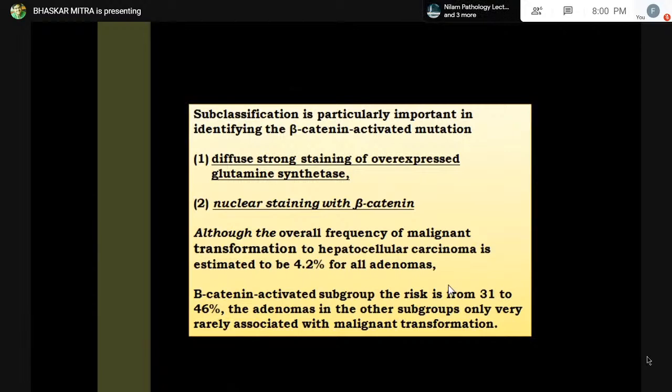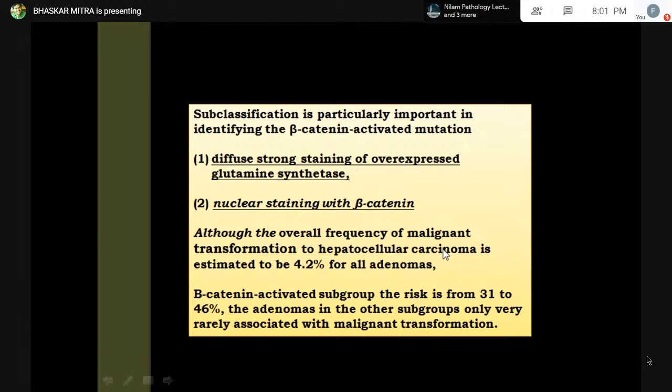Now, why should we know this? Because we have to differentiate these beta catenin activated mutation induced hepatocellular adenomas from the other ones. How can we differentiate them? They show strong nuclear staining of beta catenin and strong overexpression of glutamine synthetase. Overall, the transformation of hepatocellular adenoma to hepatocellular carcinoma is normally 4.2%, but in the beta catenin activated subgroup, it increases to 31 to 46%.